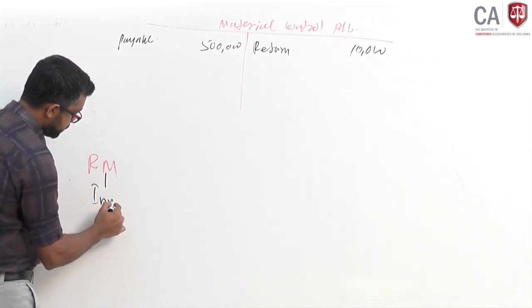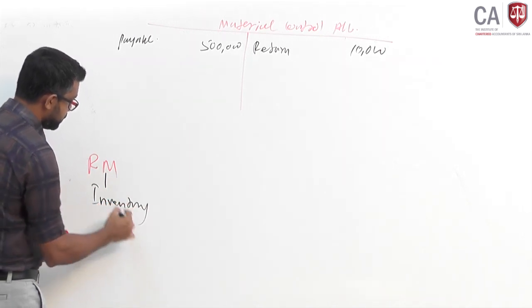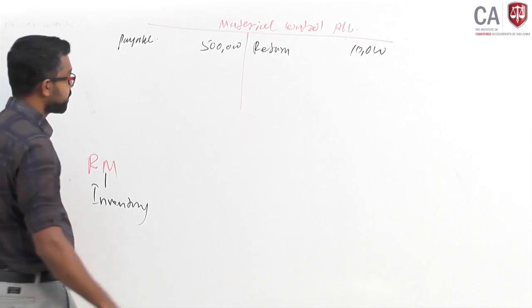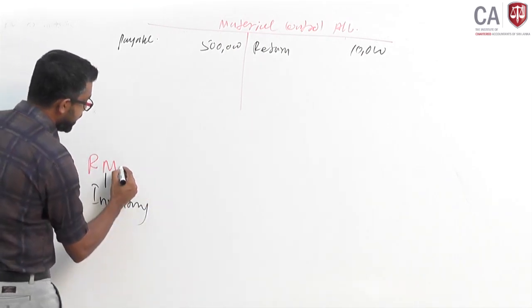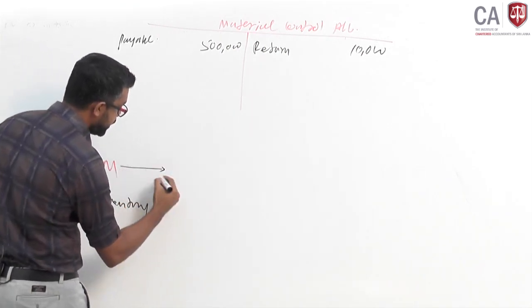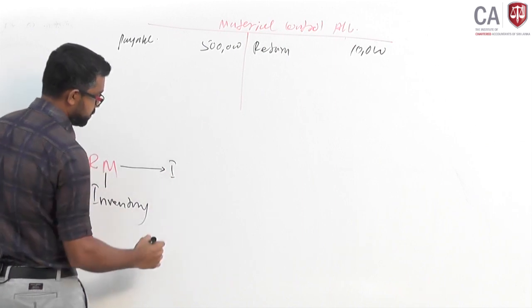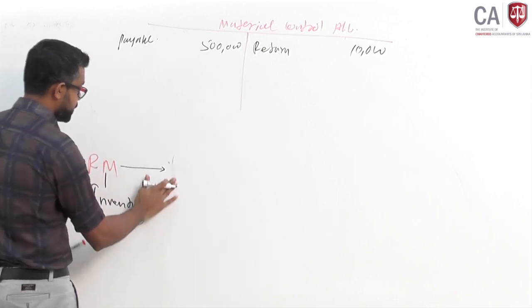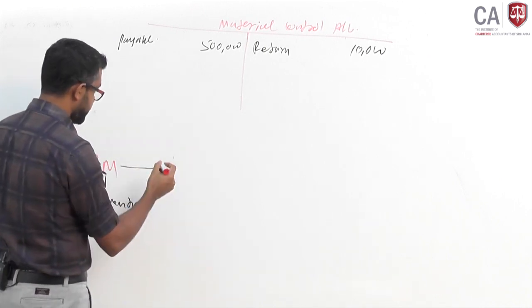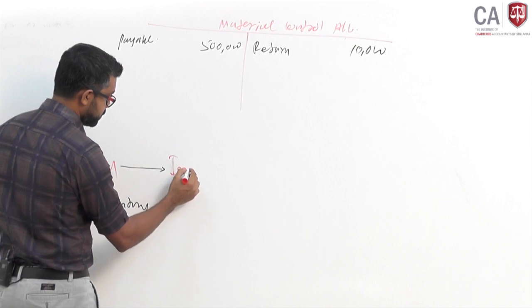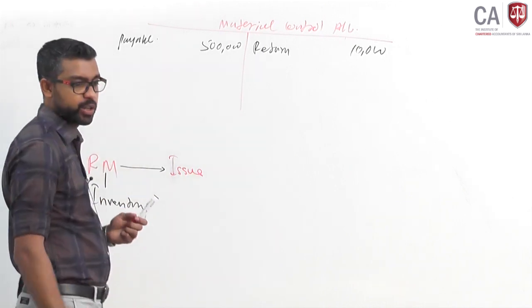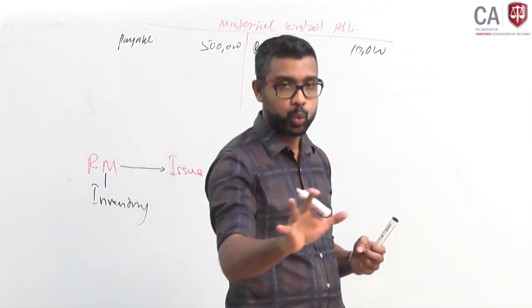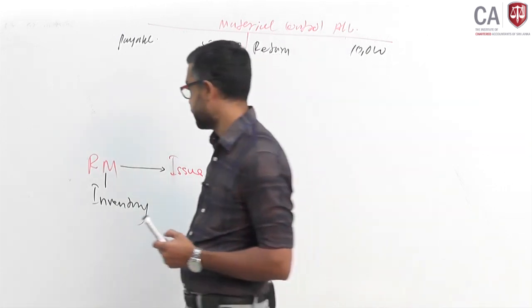Then the raw material will be issued to production. If you are a manufacturing organization, you will issue to production.